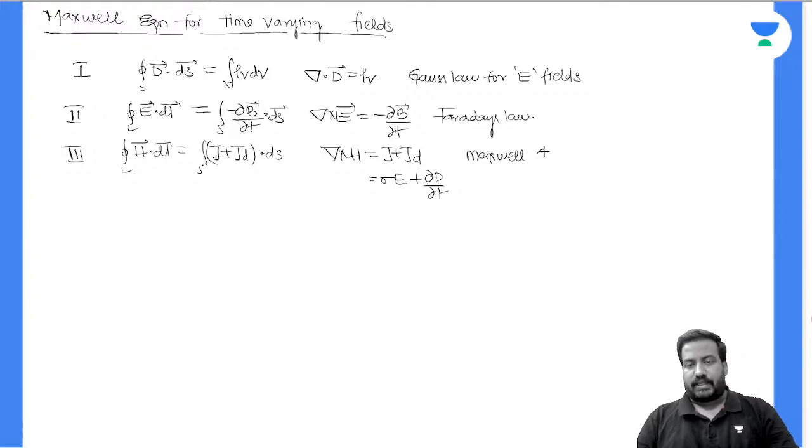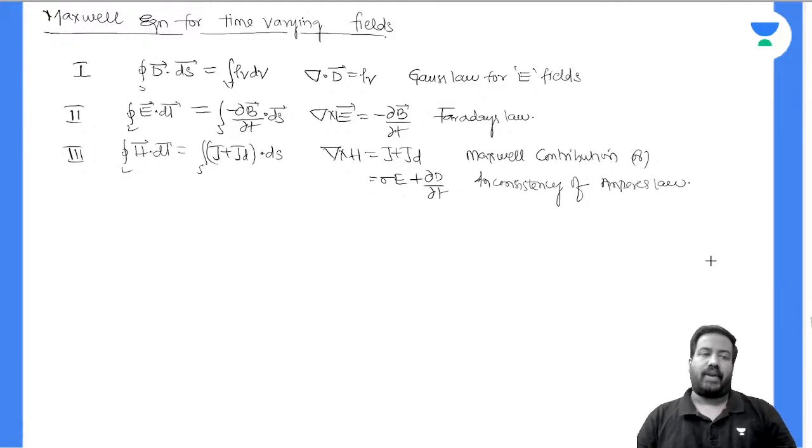This is from Maxwell's contribution, also called the inconsistency of Ampere's Law.